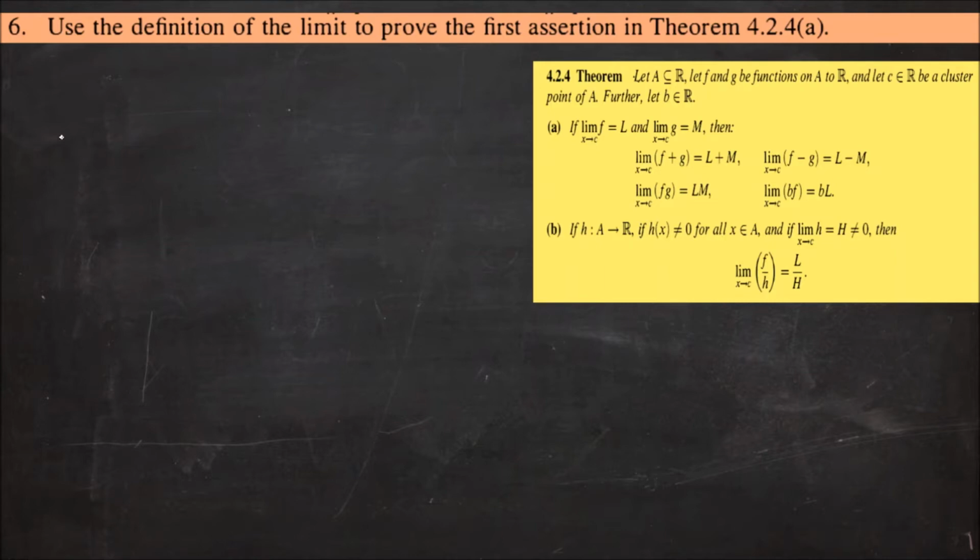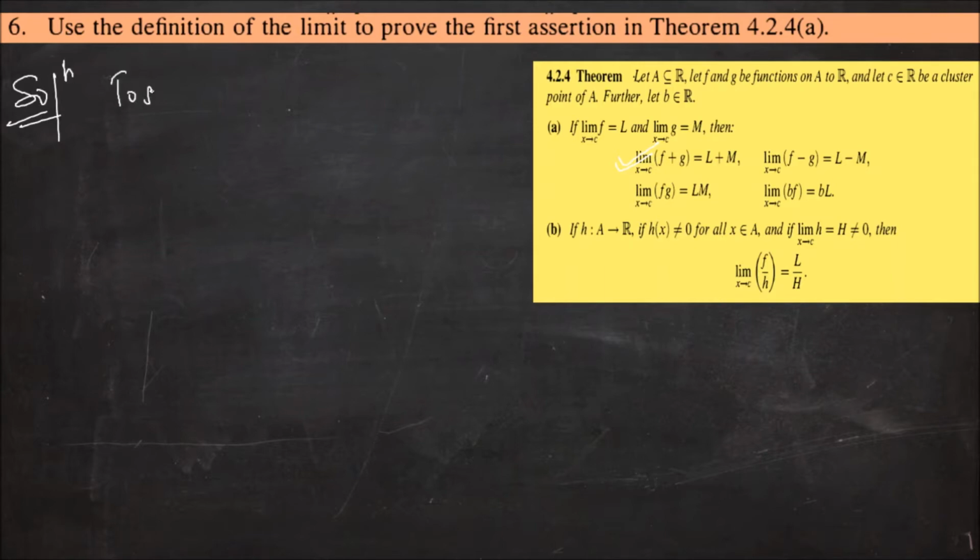So as you can see in question number 6 we have to use the definition of limit to prove the first assertion in theorem 4.2.4, that is we have to show this using the epsilon delta definition. So what we have to show, let us start.